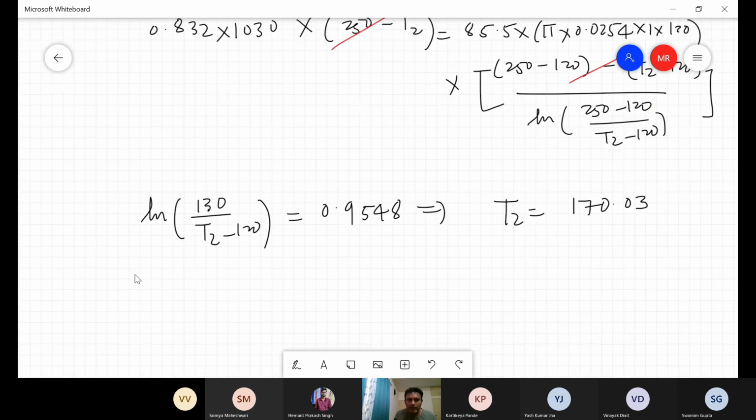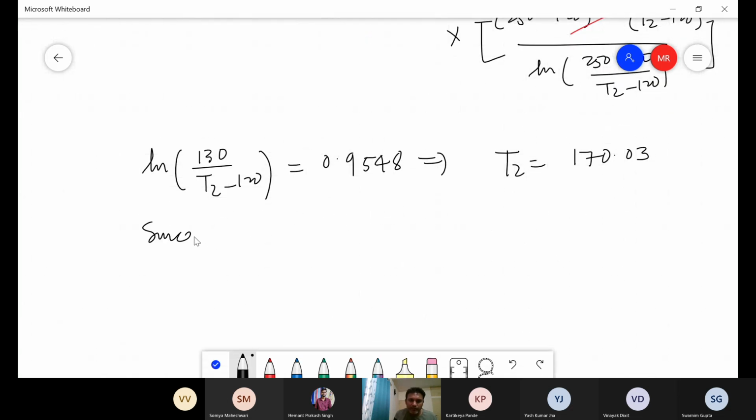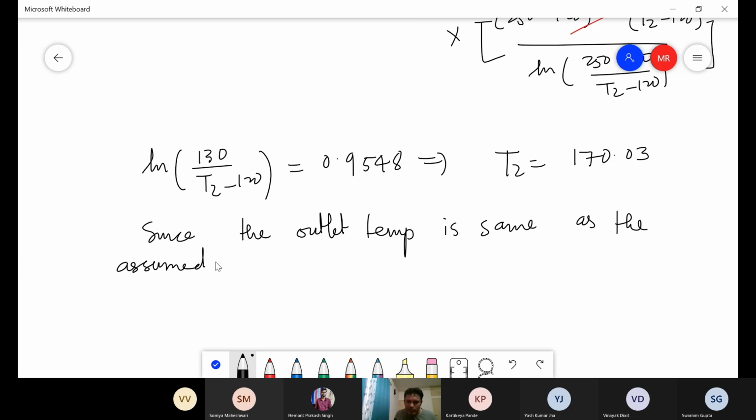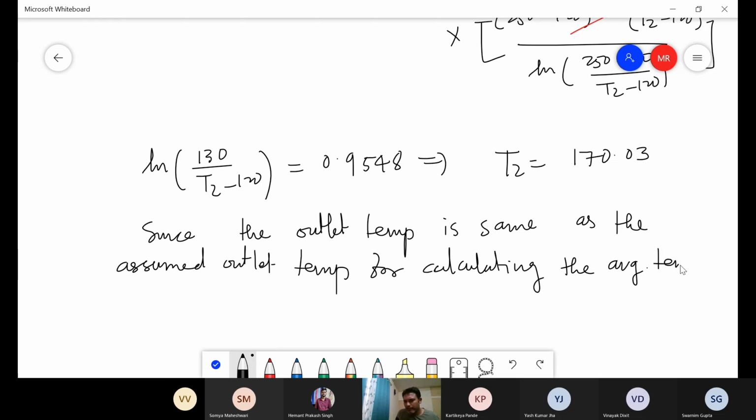Since the outlet temperature is the same as the assumed outlet temperature for calculating the average temperature, no more iterations are required.